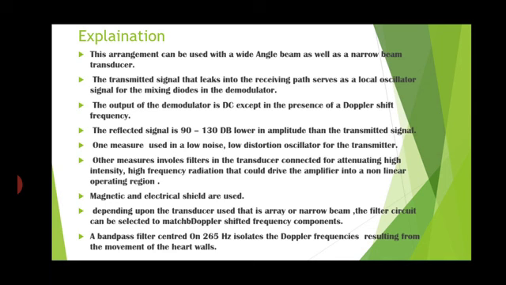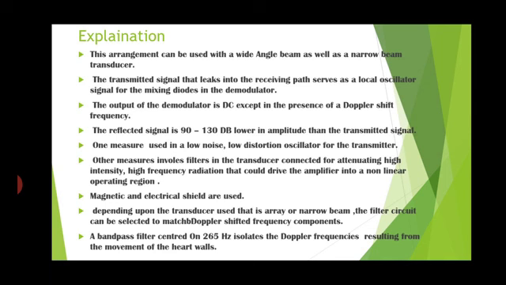One measure used is a low noise, low distortion oscillator for the transmitter. Other measures involve filters in the transducer for attenuating high intensity, high frequency radiation that could drive the amplifier into a non-linear operating region. Magnetic and electrical shields are used. Depending upon the transducer used, an array or a broad or narrow beam is used.